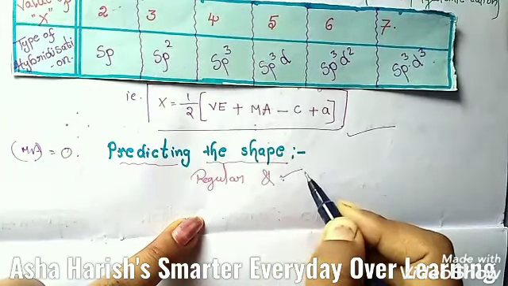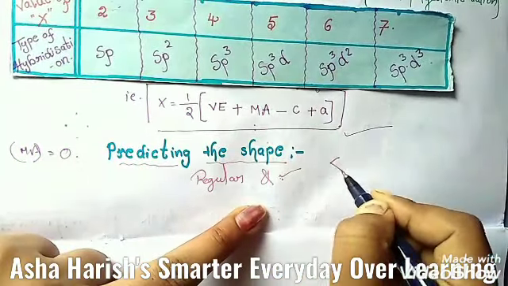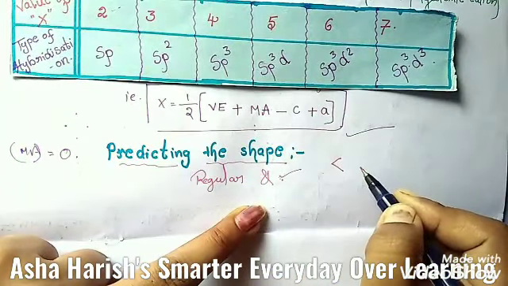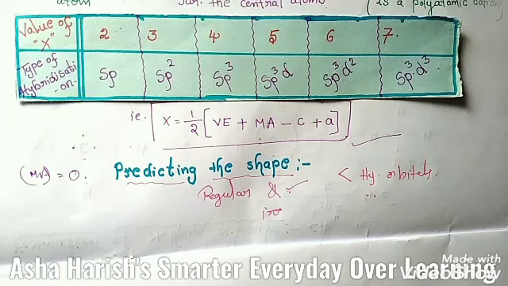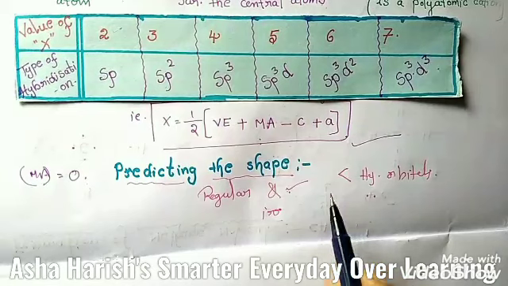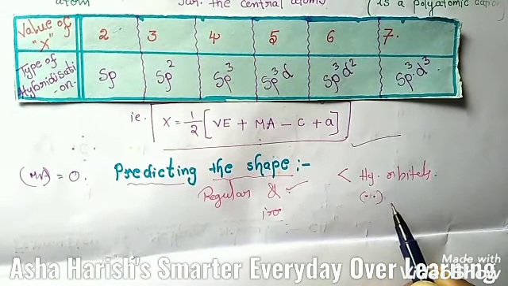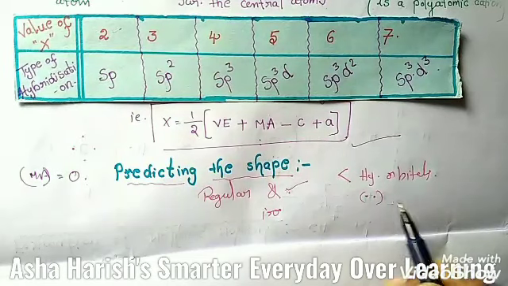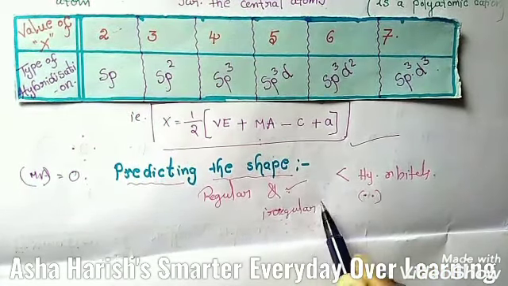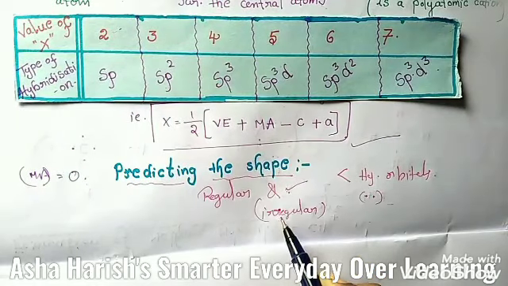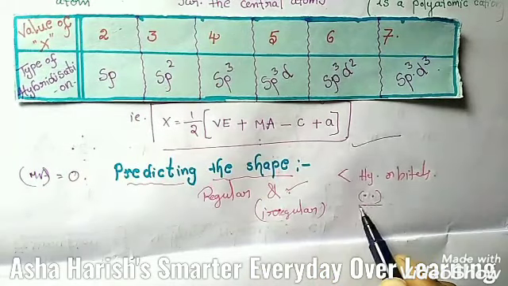However, if the number of surrounding atoms or groups is less than the number of hybrid orbitals, the difference gives the number of lone pairs present on the central atom, and the species is said to have an irregular geometry, and the shape is predicted by leaving the hybrid orbitals containing these lone pairs.